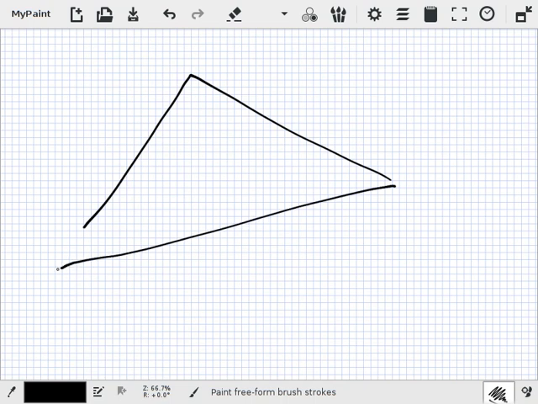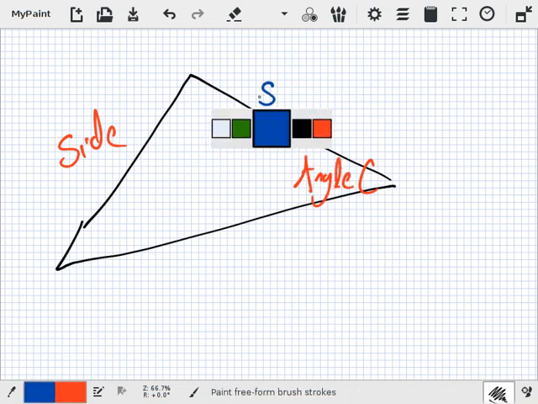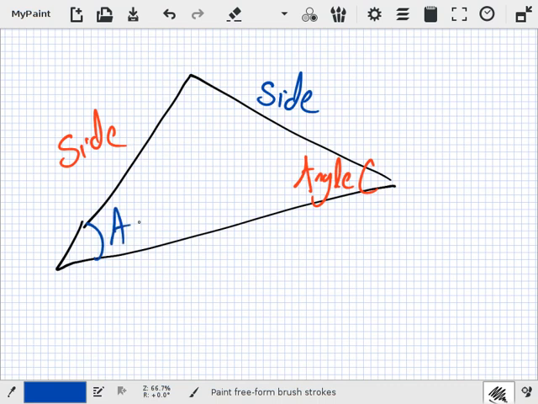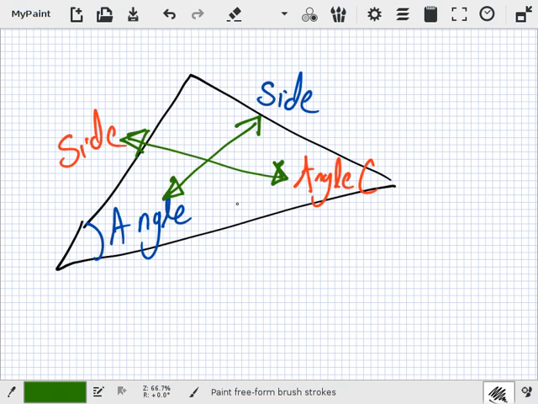What the sine rule basically says is, if you have a side and you have an angle that's opposite it, it lets you say side divided by sine of the angle across from it is equal to another side of your choice divided by the sine of the angle opposite to it. So that's kind of how I remember the sine rule.